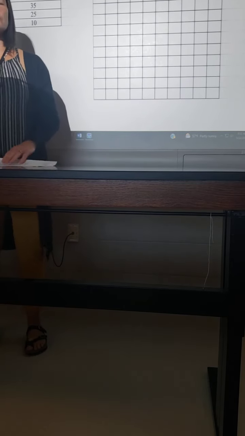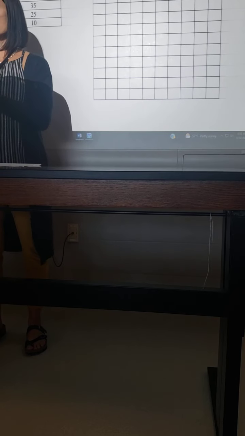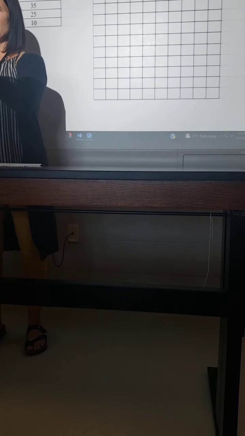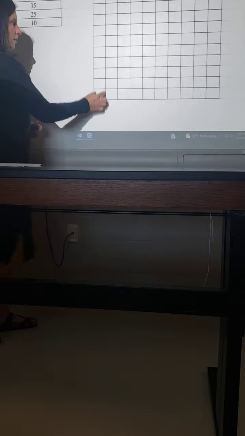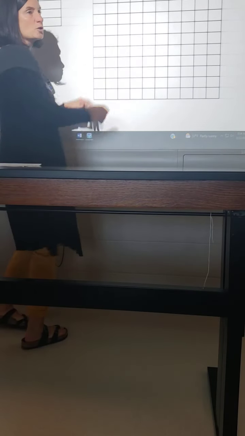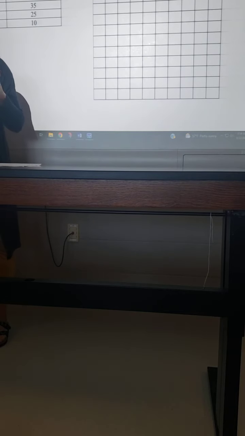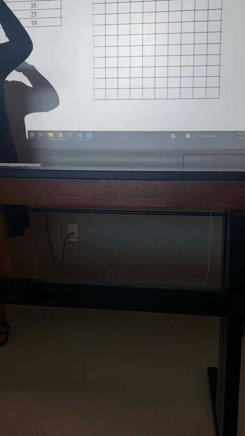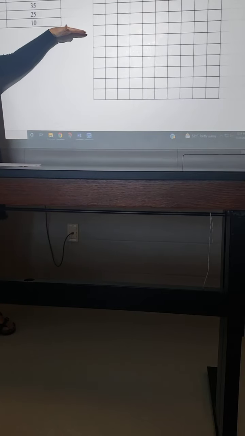But whatever you do, you need to make each bar the same width. You can't have one be 1 square wide, the next one be 2 squares wide, and then one that's 4 squares wide. That gives a false impression that you're trying to show different information with the width or thickness of each bar. Really, we're only worried about the height, like how far up did they bounce.